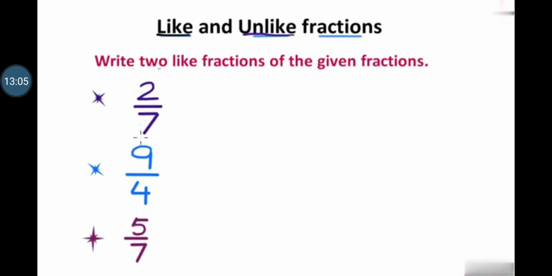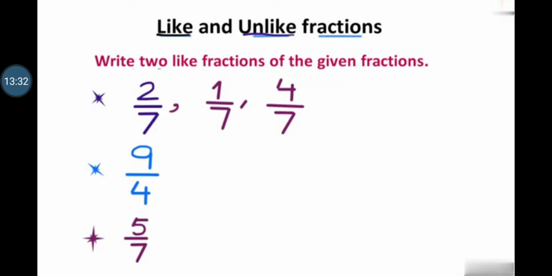Now here we have to write 2 like fractions for the given fractions. Like fractions means that we will have the same denominator. So you can write 1 by 7. You can write 4 by 7. The denominator must be equal in like fractions.